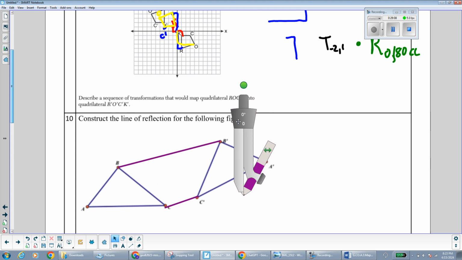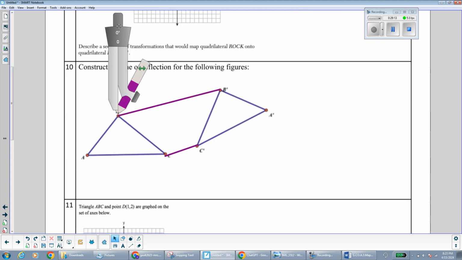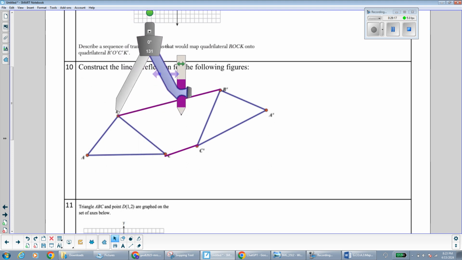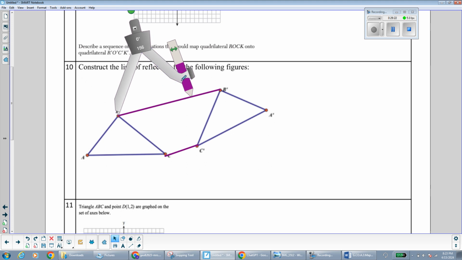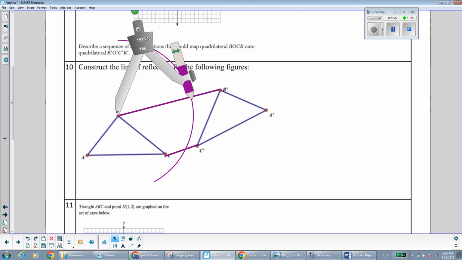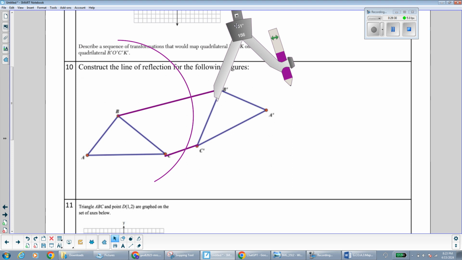What we're going to do is make a perpendicular bisector so we have points equidistant from the pre-image and the image points. It doesn't matter which exact distance you use, just 3/4 of the way down. Arc above, arc below. Move over to the other endpoints.